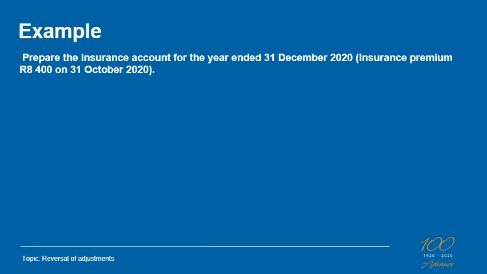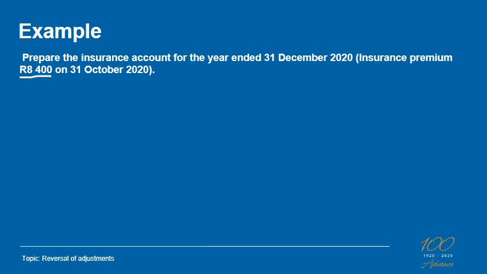If I now have to prepare the insurance account for the year ended 31 December 2020, and I again made my insurance premium payment, annual payment, but now it amounted to 8,400 on the 31st of October, we will have to start at the start of the financial year to do the fixing for the 2020 year.